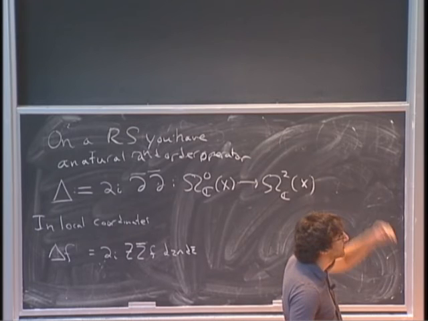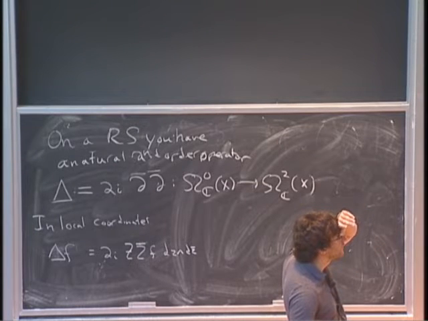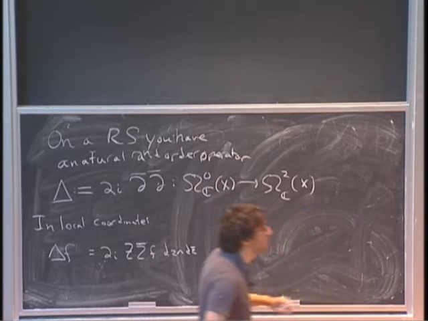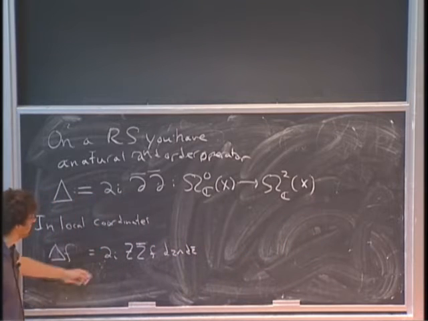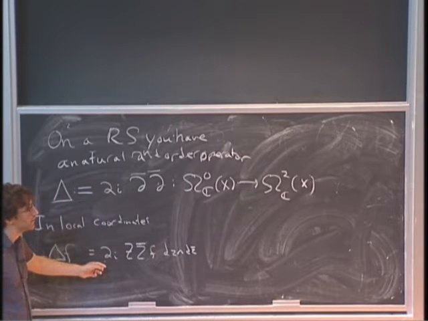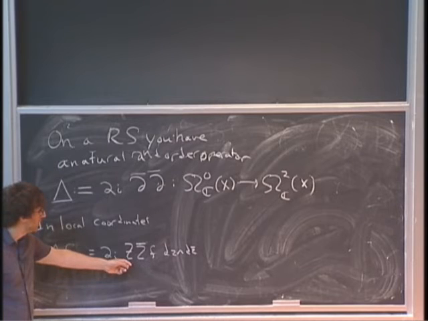Wait, I'm being completely blind. The 2i times dz wedge dz bar should be 4 times dx dy, and then this you should work out as 1/4.